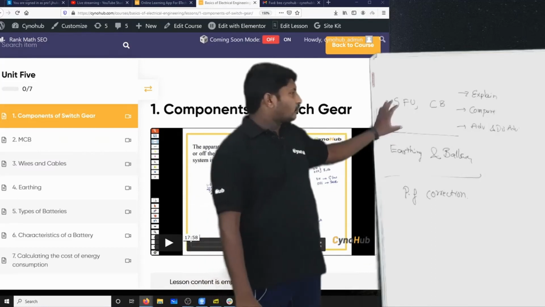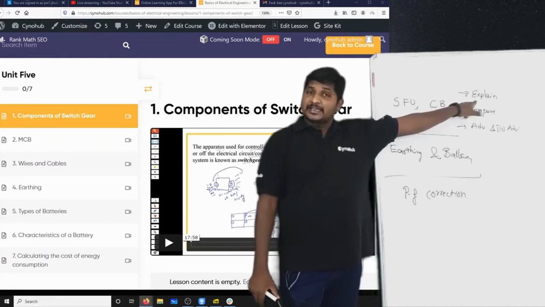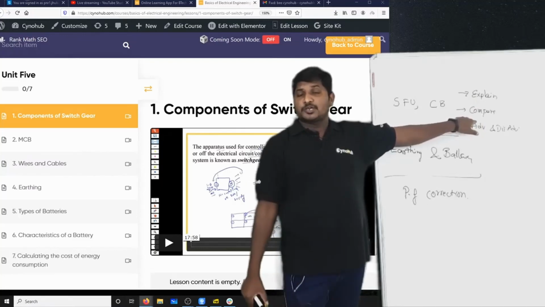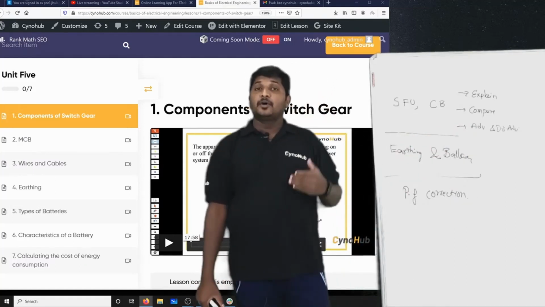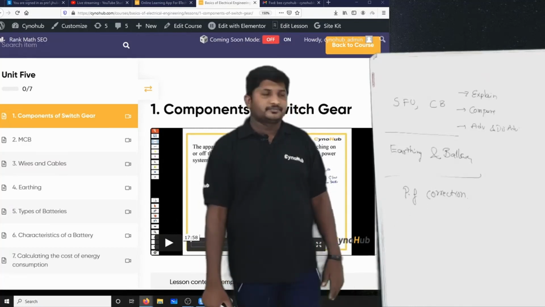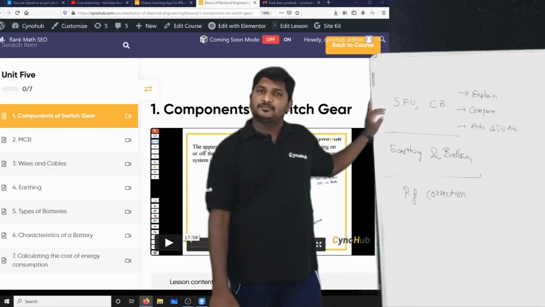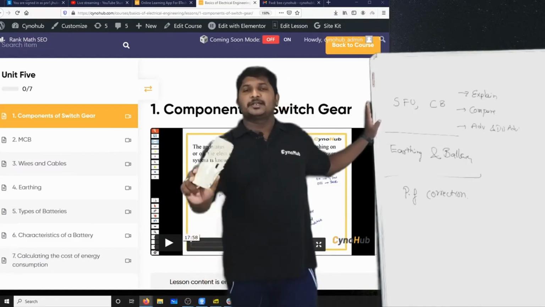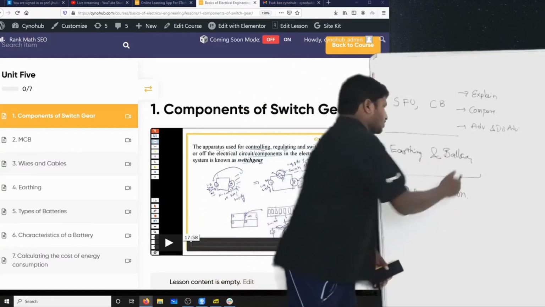So for those instruments, first model question is explain, second model question is compare 2 circuit breakers or 3 circuit breakers, and third model is its advantages and disadvantages. Enough. Part 1 is enough. No need to study extra. Okay. Explain or compare or advantages and disadvantages. That's it.